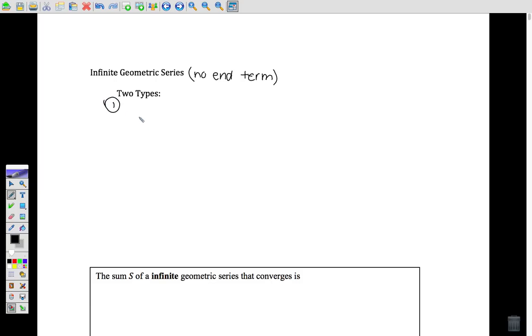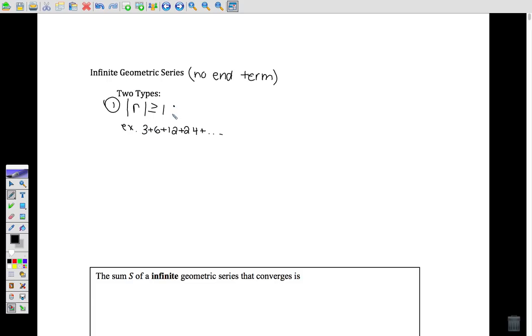So the first type is when that common ratio r has an absolute value that's greater than or equal to 1. So for example, 3 plus 6 plus 12 plus 24 has a common ratio of 2. Those numbers are just going to get really big.